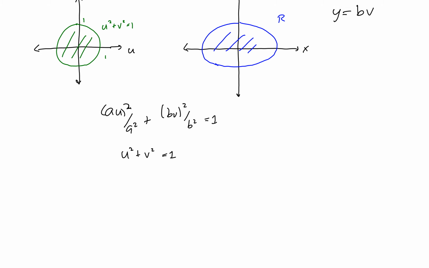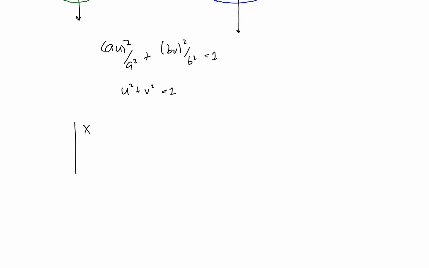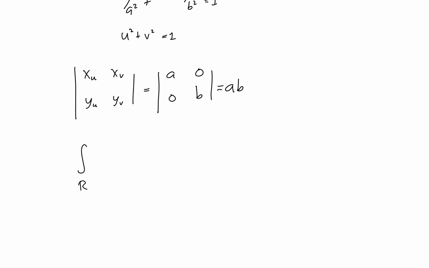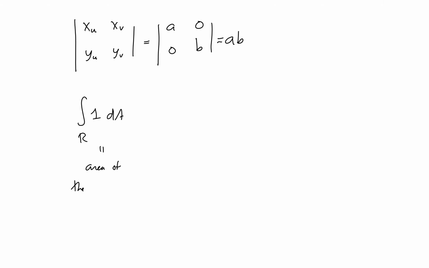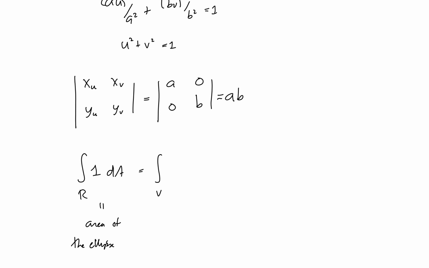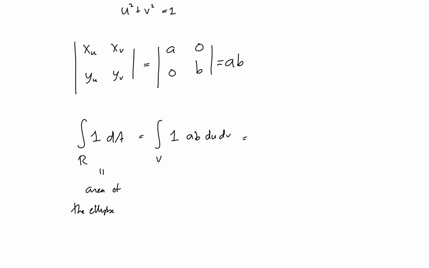Let's calculate our Jacobian. So the Jacobian, which is XU, XV, YU, YV, is just A, 0, 0, B, which is A times B. So then if I want the integral over my region R of 1 dA, which is the area of the ellipse, well, we know then that this is the integral over the region V, of, well, there's no function to change there, and then I have my Jacobian AB, and then du dv, and so this is AB integral over V du dv.